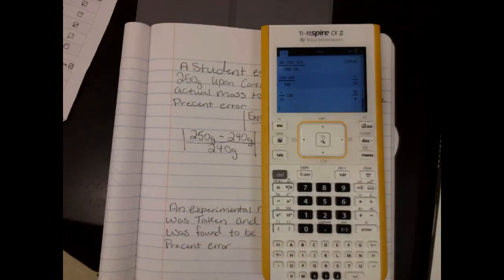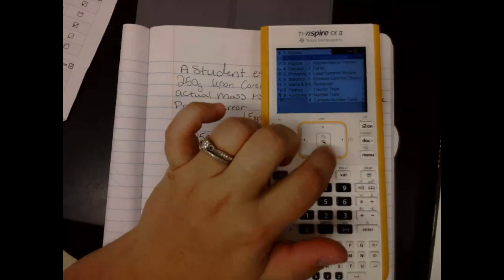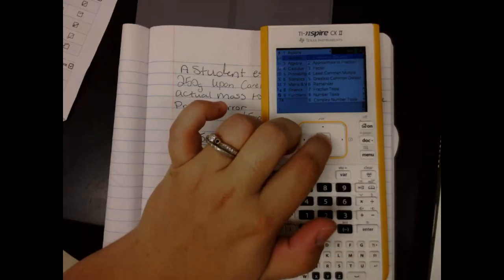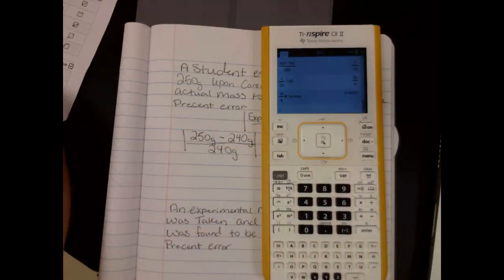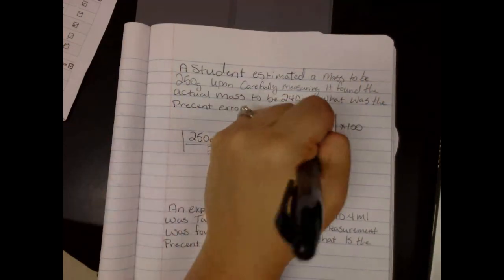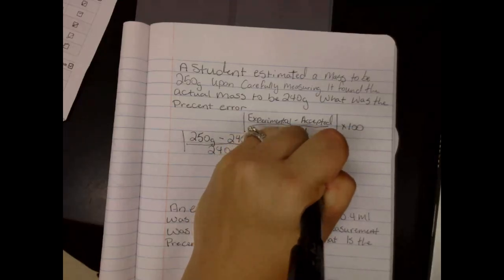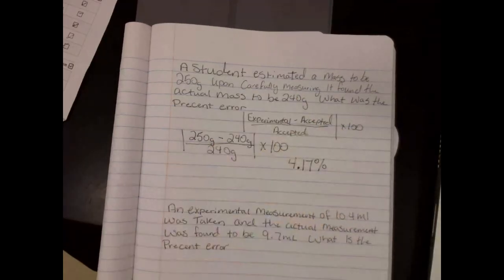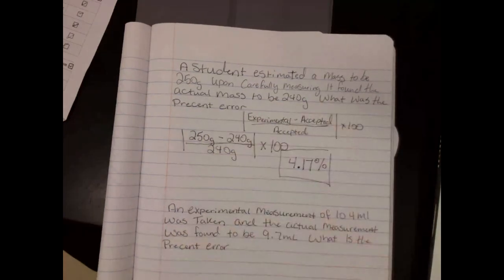I don't want to convert to decimals. So my answer would be 4.17. When I have answered a question, I box it and I move on.